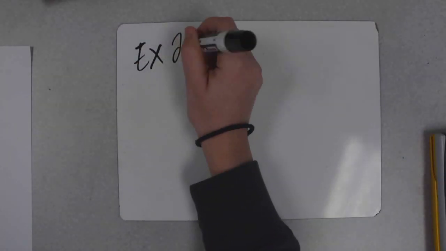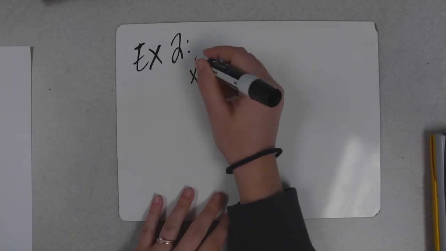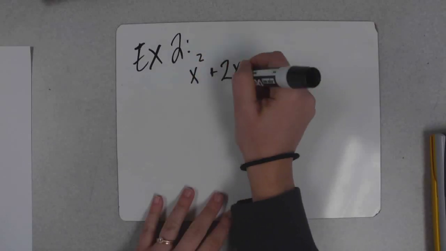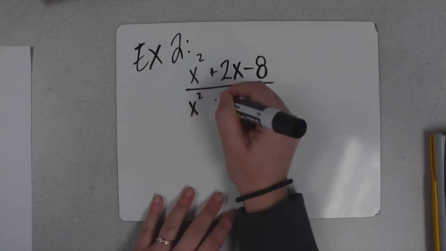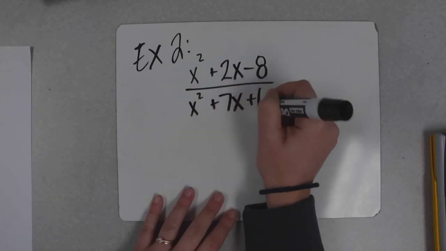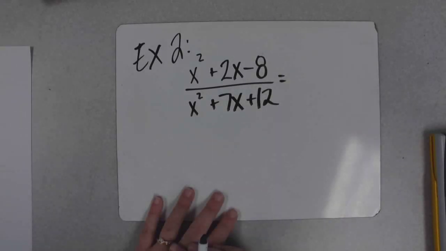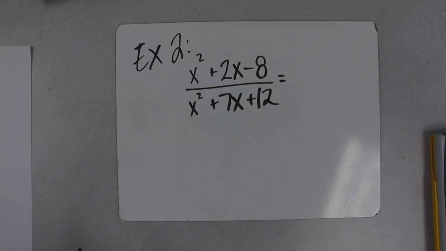For example 2, we have x squared plus 2x minus 8 over x squared plus 7x plus 12. I want to look for a common factor, so I have to factor this first.